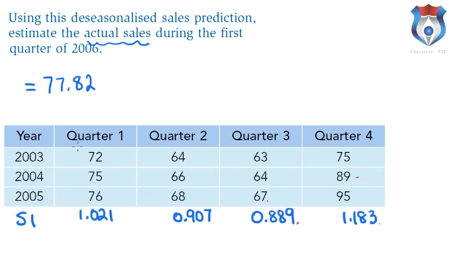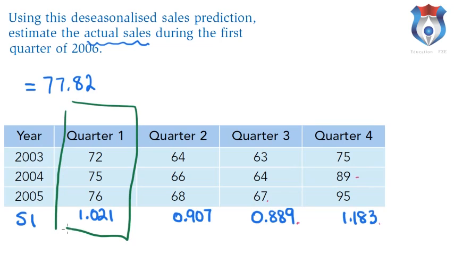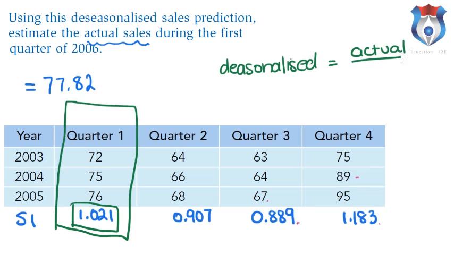Remember, these were our actual data figures in this table, and these were the seasonal index numbers we worked out. Now, we're talking about the first quarter of 2006, which is this quarter here. So the seasonal index number that we're going to play around with is this one. And remember that formula, deseasonalized value equals the actual divided by the seasonal index?